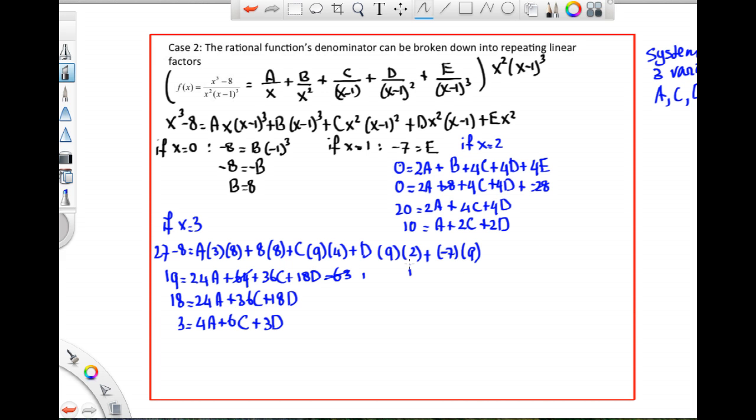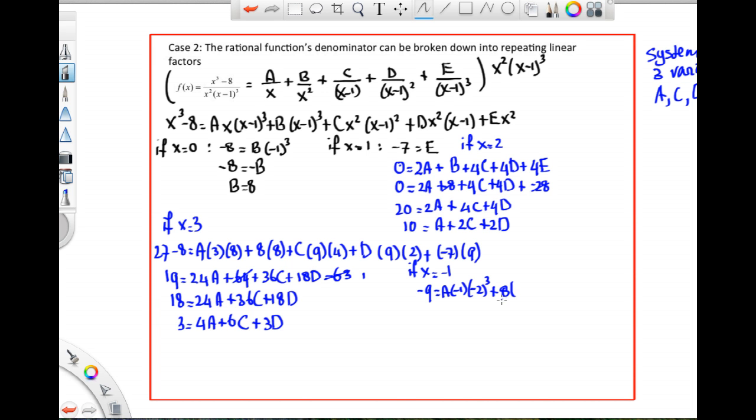So now let's see what happens if x is equal to a negative 1. Well, if we use a negative 1, I get a negative 1 cubed, that's a negative 1. So I get a negative 9 is equal to a negative 1, and a negative 1 minus 1 is a negative 2. So I need to do a negative 2 cubed. Plus b, and b is equal to 8.